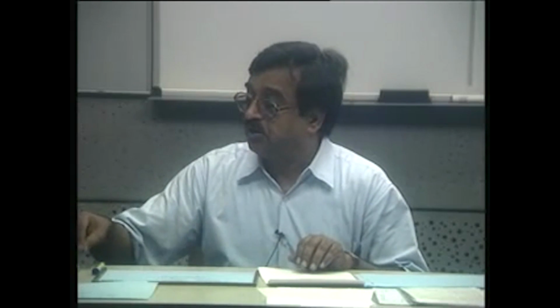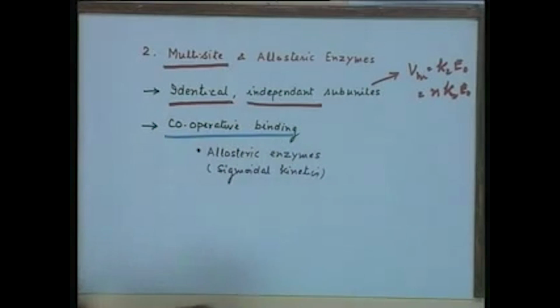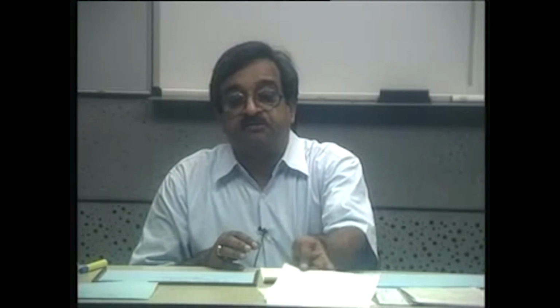Now in the second and more complex case, when we talk of cooperative binding, that means the binding sites present on the enzyme molecule, let us say if you consider 2 binding sites on the enzyme molecule, they may be identical. That means the free energy change for the binding process may be the same, and that is what we mean essentially by identical binding sites.